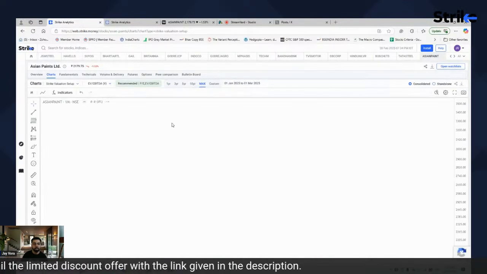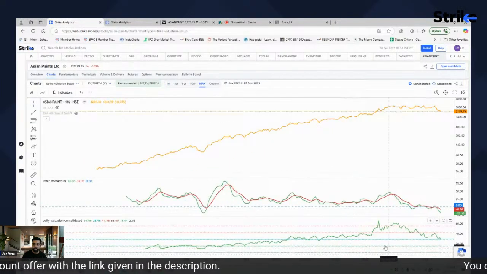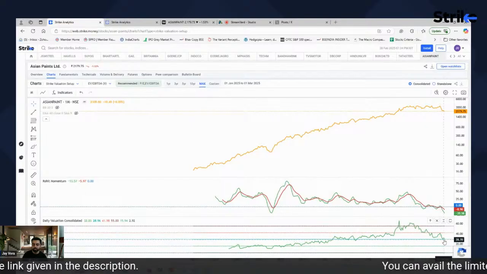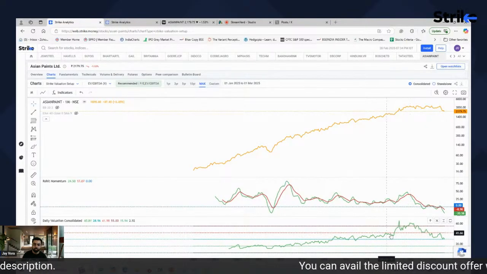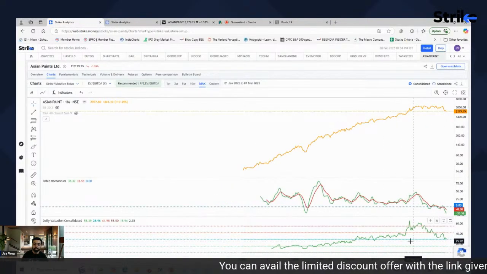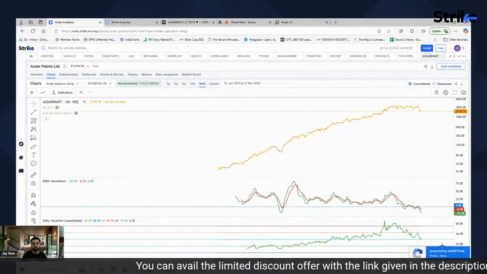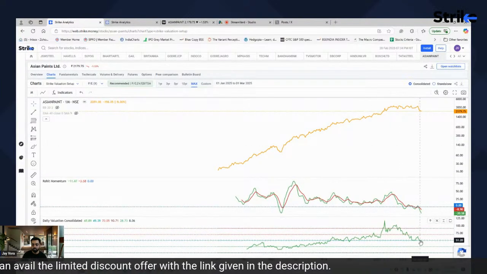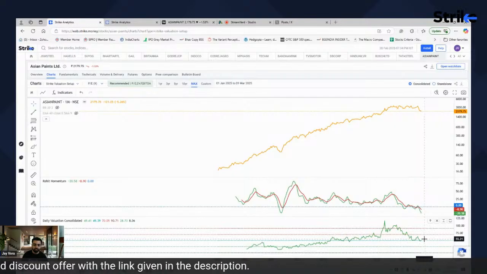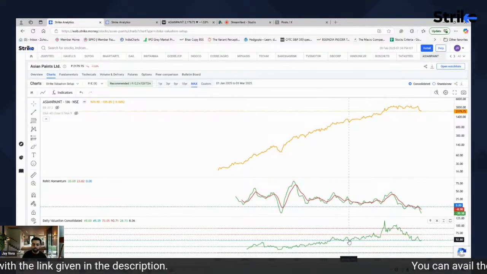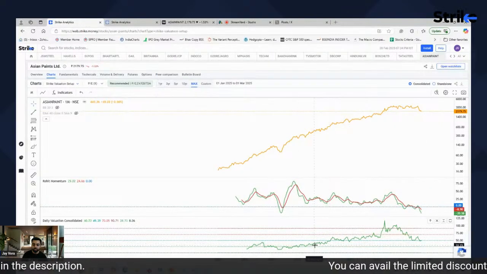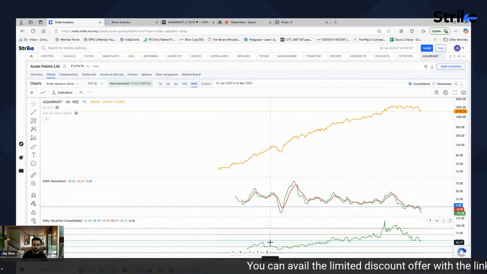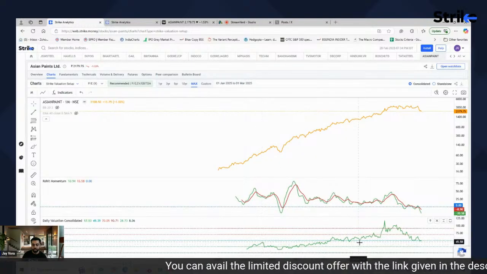If I do the max chart, it has just come back to the average. But remember that markets usually move from one extreme to the other extreme. On PE, it has come back to the average, but it is at 50 PE right now. Prior to 2016, it used to trade around 20, 30, 40 times, and so on.